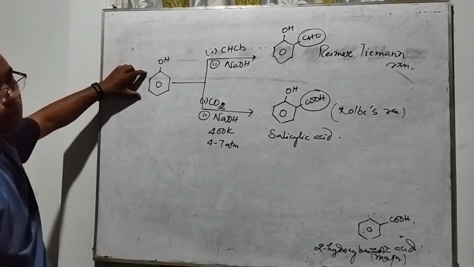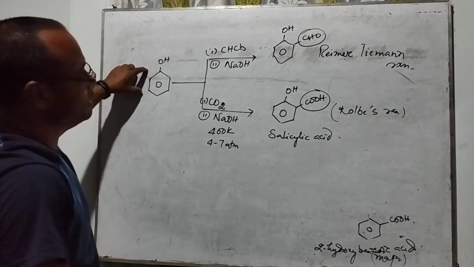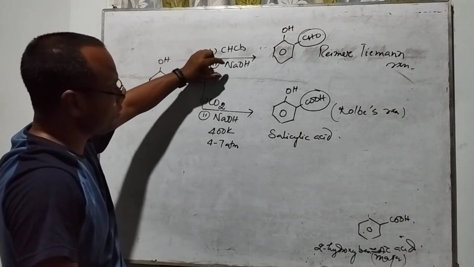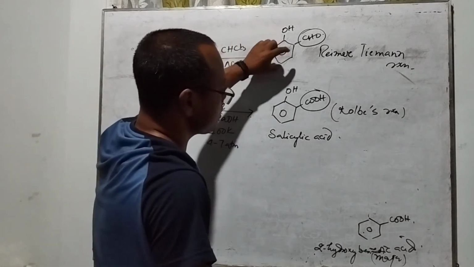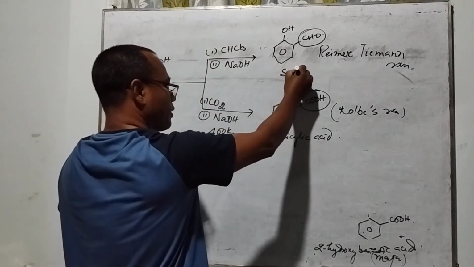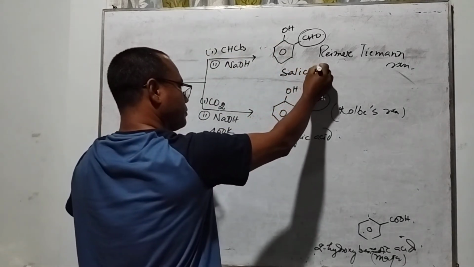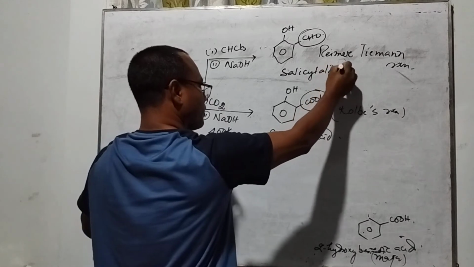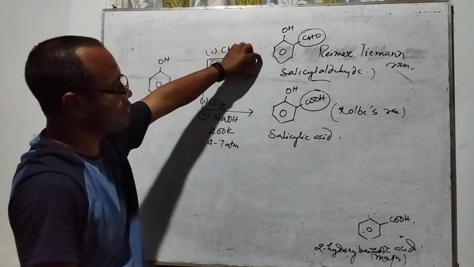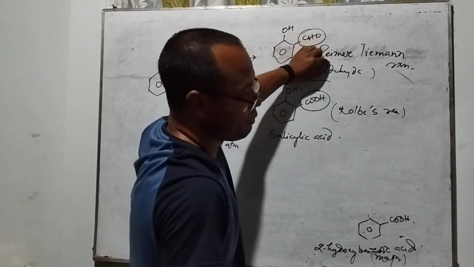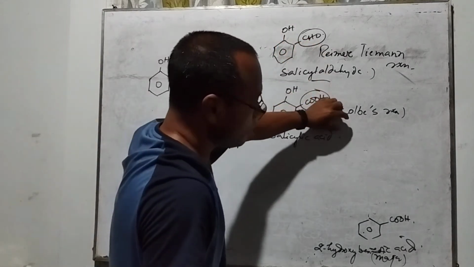Now in the Reimer Tiemann reaction, we use phenols, the reagent is chloroform in presence of sodium hydroxide, and the compound is salicylaldehyde. So the name is Reimer Tiemann reaction. Here the name is Kolbe reaction.